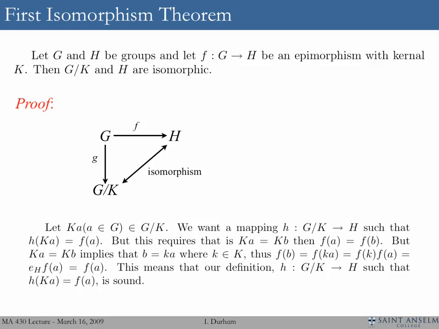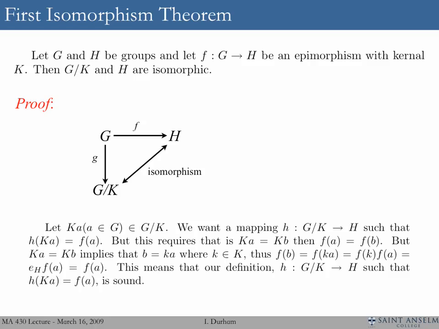And if it is an isomorphism, it means that h of Ka is equal to f of a, okay, where a is still an element of G, and again, Ka is an element of G/K. Right. Think about that second sentence very carefully.